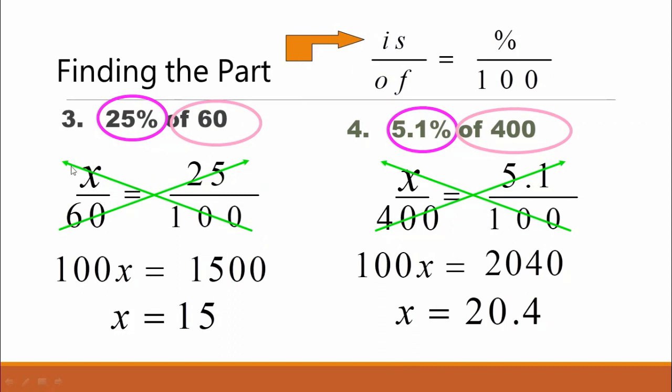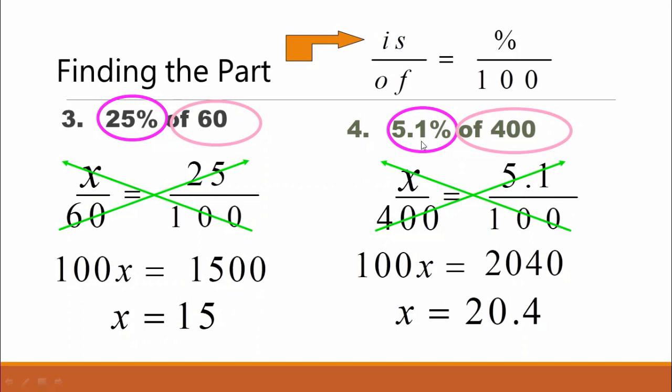For the part, I consider x. X is unknown. The whole is known, 100. Is over 100 is equal to 25% meaning 25 divided by 100. Now by cross multiplication, 100 multiplied by x, and 100 multiplied by 25 is equal to 2500. Since 100 is connected with the unknown, dividing both sides by 100, we obtain x is equal to 25.